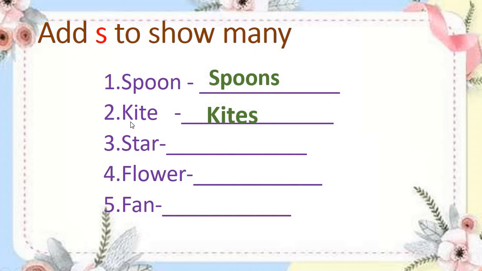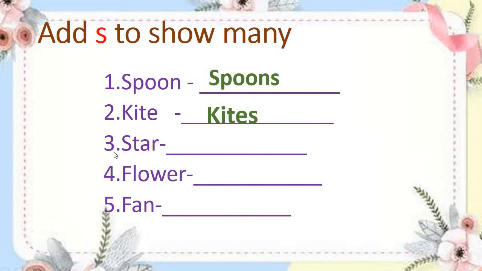Kites. Kite. Kites. Okay, children? See here number 1 how it is written. First you understand these two. 1 and 2 words. See? One, many. Spoon. Spoons. Kite. Kites. S is added in both these words to show many.